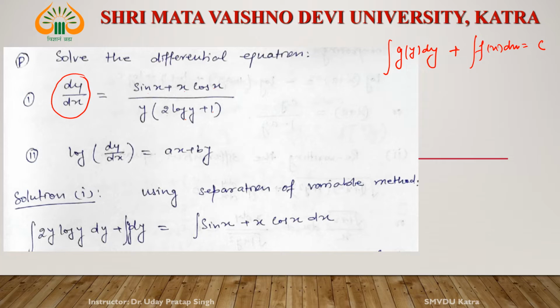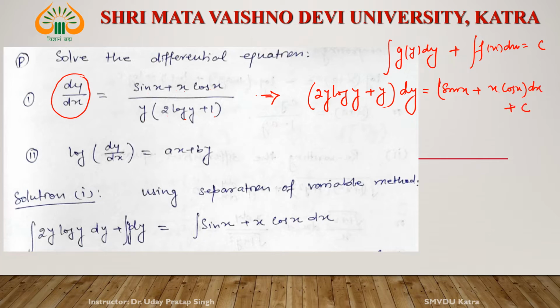So consider dy by dx equal to (sin x cos x) divided by y log y. This differential equation can be rewritten as (2y log y plus y) dy equal to sin x cos x dx plus constant of integration, and integrate.